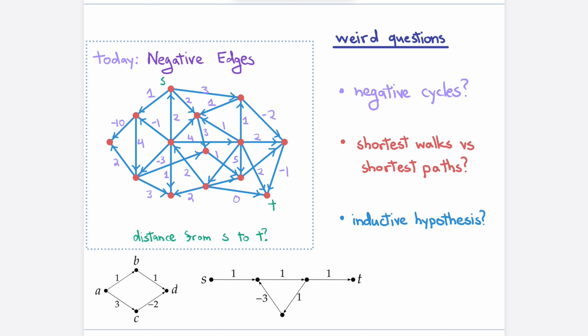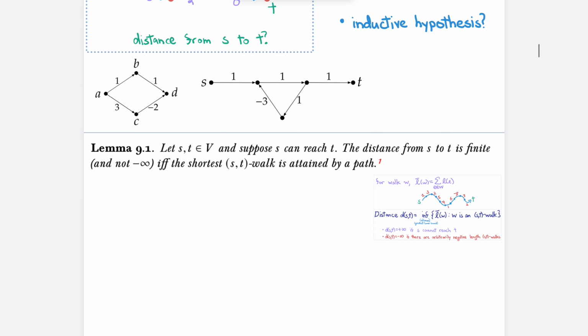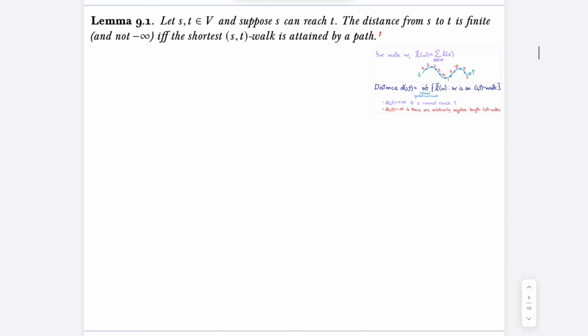Okay, so I want to first clear up this point about shortest paths versus shortest walks. Here is the following lemma to get us started. Let me read it slowly. Suppose I have 2 points S and T. I want to clear up 2 things: what's going on with these negative infinite distances, and whether you have a shortest path or shortest walk.